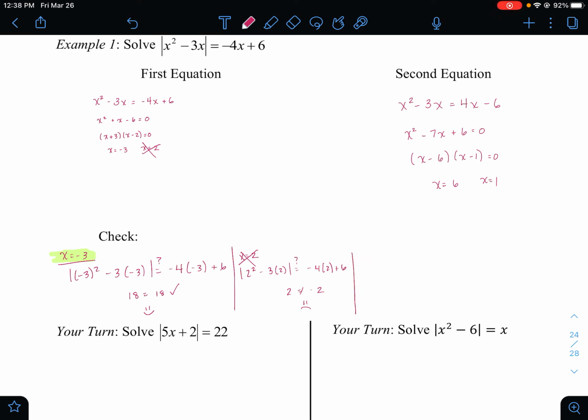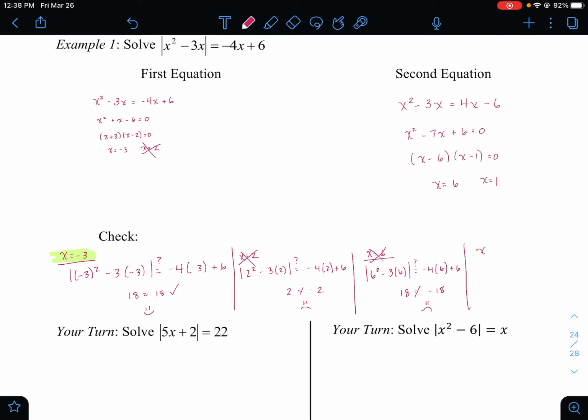Now we're going to try 6. So absolute value, 6 squared minus 3 times 6 equals, with a question mark, negative 4 times 6 plus 6. We end up getting 18 on this side, negative 18 on the right side. They are not equal, so 6 does not work.